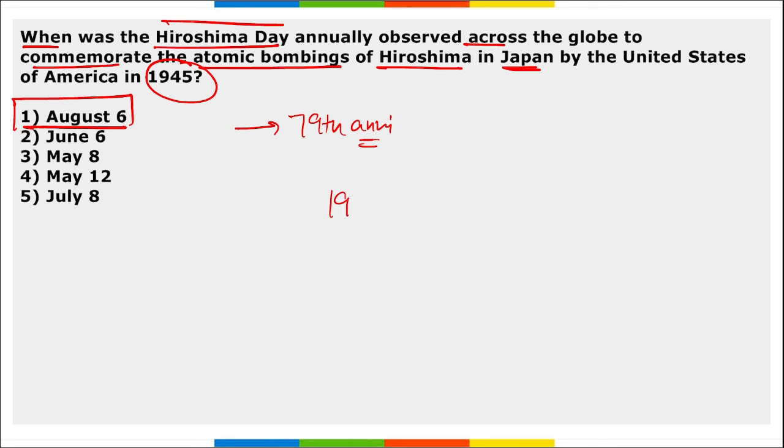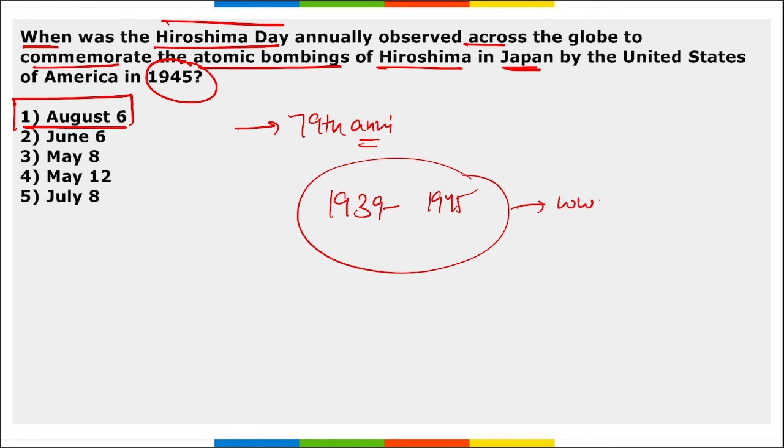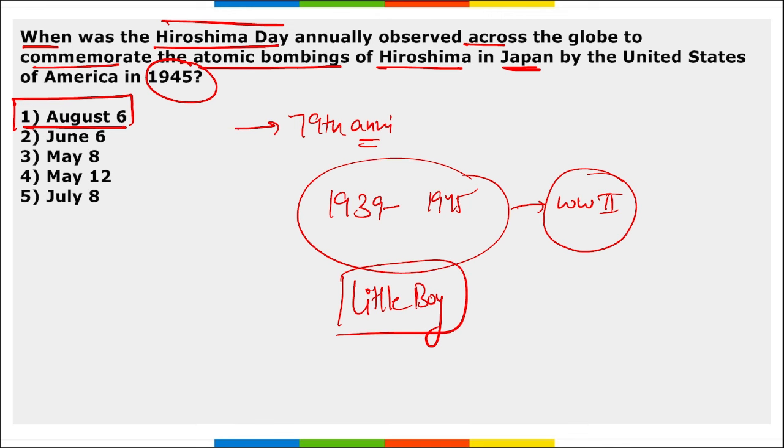And if you remember, it was 1939 to 1945 that we observed World War II, and just after these bombings, the world war stopped, right? What was the name of that atomic bomb that was dropped on Hiroshima? It was Little Boy.